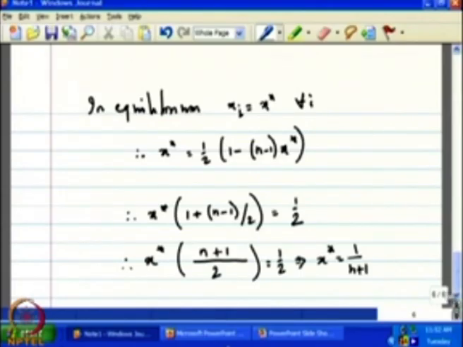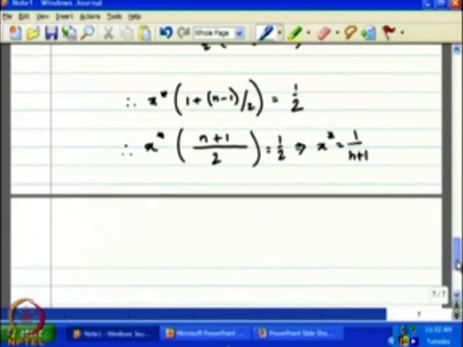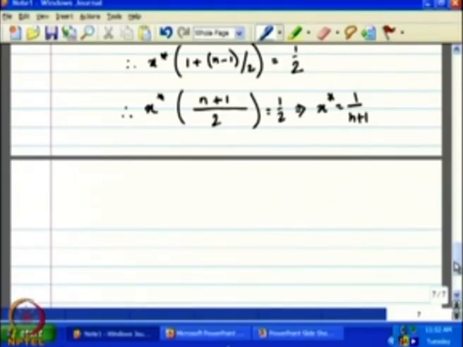So, this is the Nash equilibrium resource used by each firm. It is given by 1 divided by n plus 1.